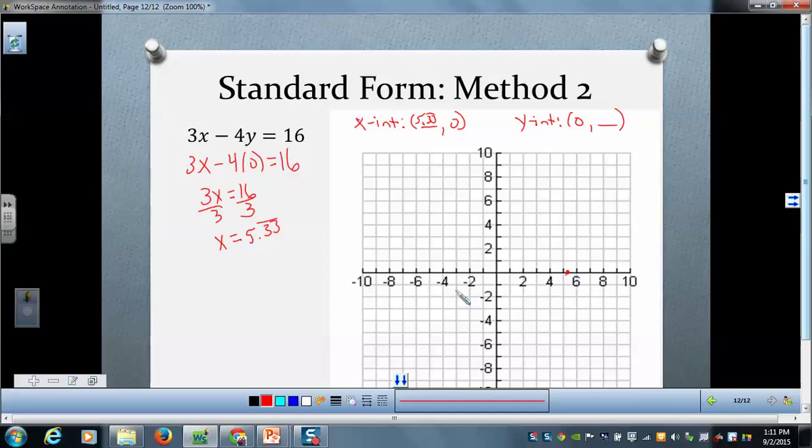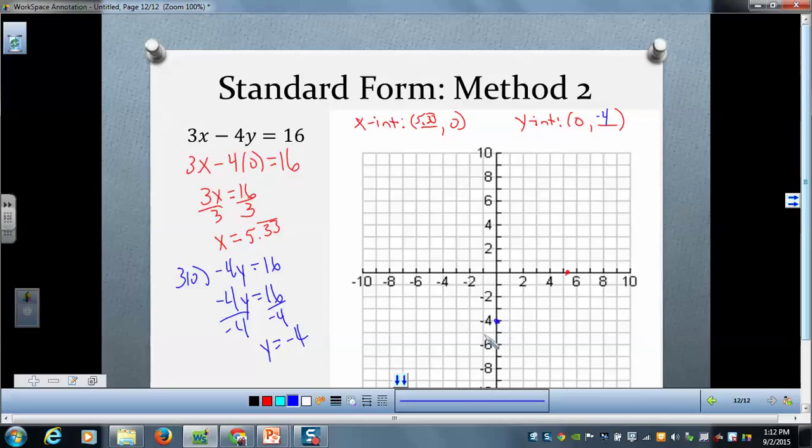Now if we look for our y-intercept, it's a very similar process. I just plug 0 in for x. So 3 times 0 minus 4y equals 16. This is 0, so I have negative 4y equals 16. Divide by negative 4, and I can see that my y-intercept is negative 4. So (0, negative 4) is my y-intercept.